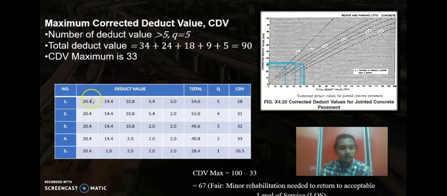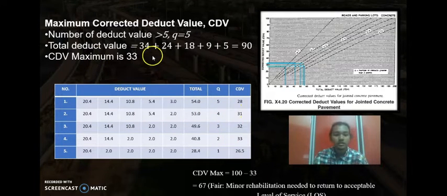For example, for 54.0, we make a straight line to the line Q equal to 5 and take it to the left, and we repeat it for all the rows to get the maximum corrected deduct value.